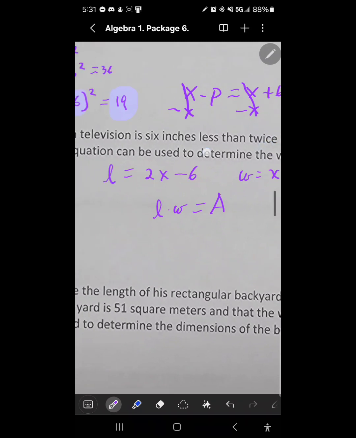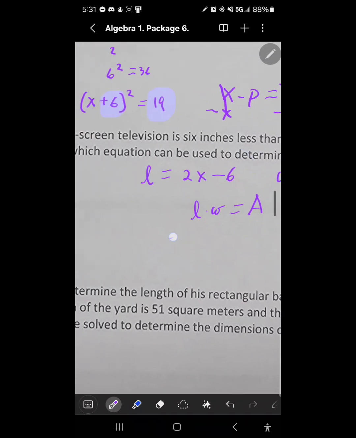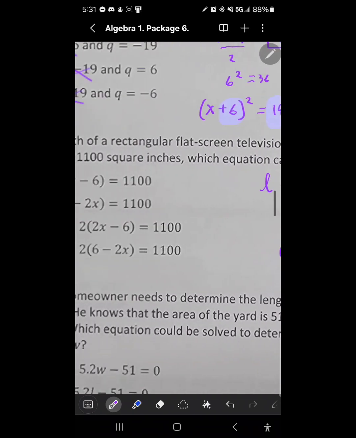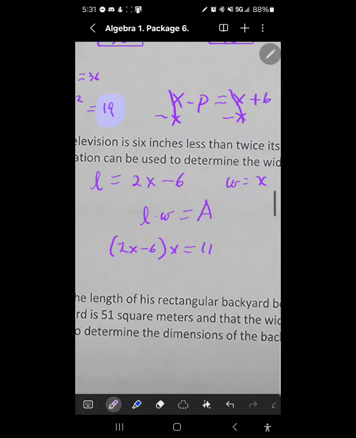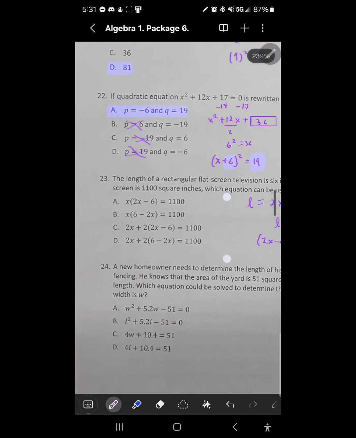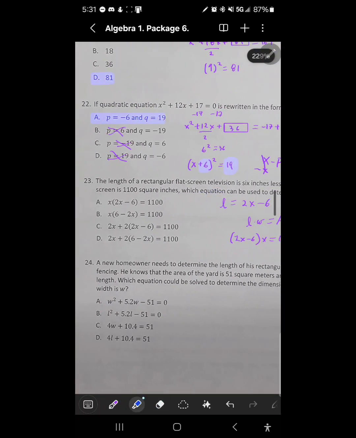So we can say that 2x minus 6, which is L, times x, which is the width, equals the area. And the area is 1,100, since they provided it in the sample. So which equation is like this? That's number 8.